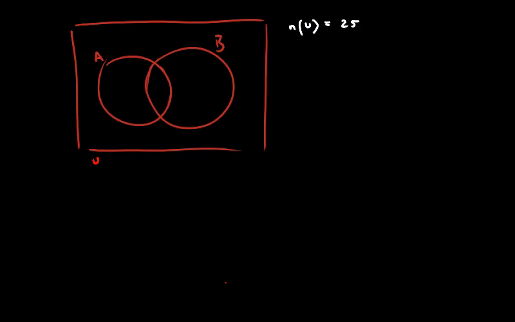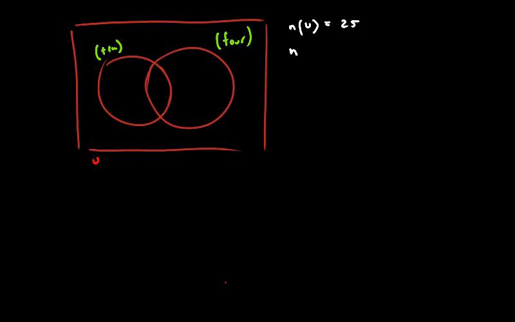Let's rename these so it's a little more clear what they are. This will be the 10-meter people, and this will be the 4-meter people. And let's see what we can fill in here.